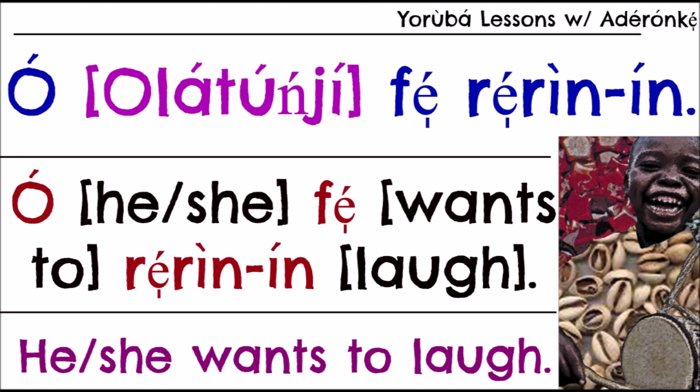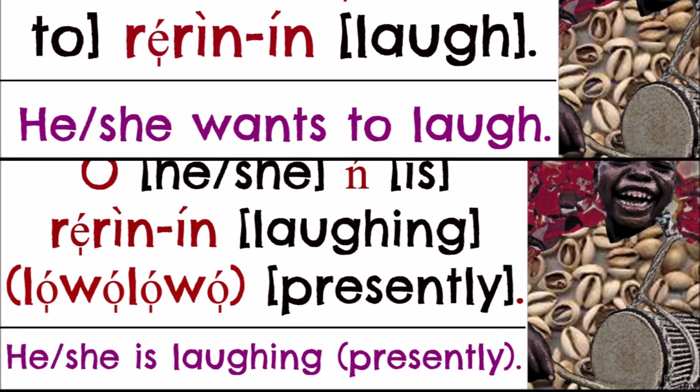So when I say Olatunji ferireri, I'm saying Olatunji wants to laugh. However, I'm using the pronoun he or she here. So O ferireri. O is the pronoun for he, she, or it in this sentence. Fe, to fe is to want to, like I said. Reri is laugh. So he or she wants to laugh. O ferireri. Moving on to the next one.